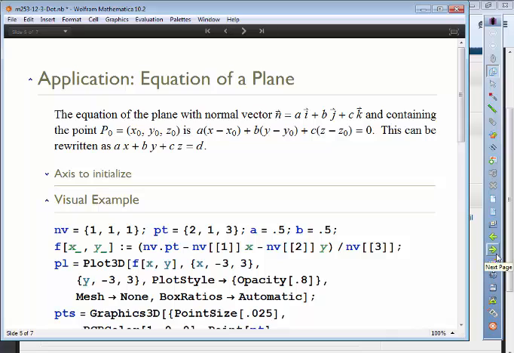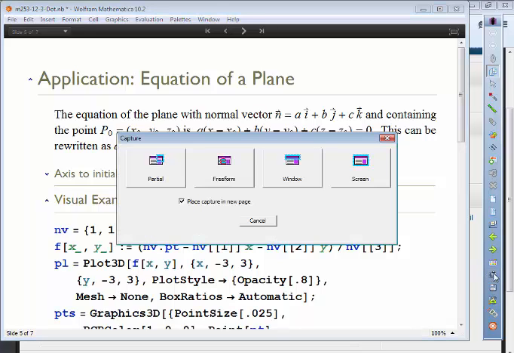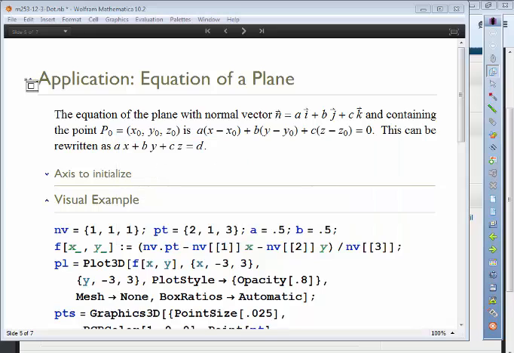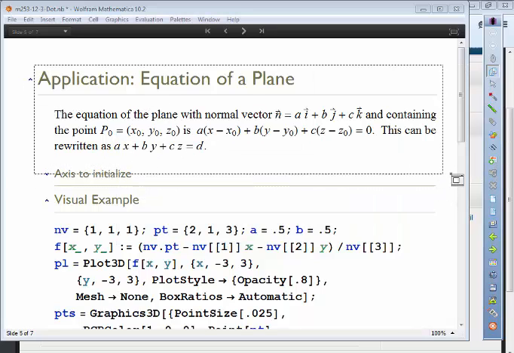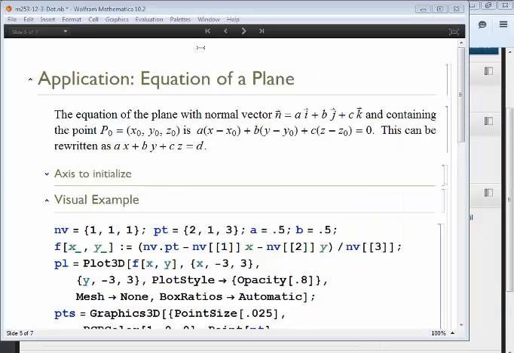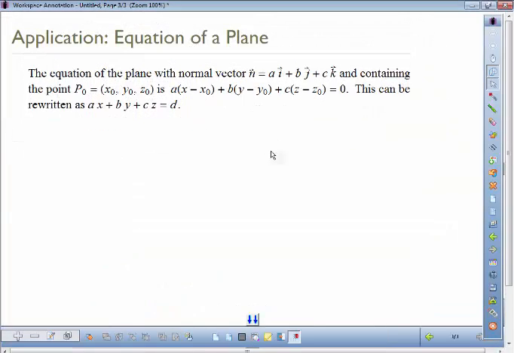I think the book does it this way, which is why I'm including it here. Probably, for me, I wouldn't want to necessarily include it here while we're still talking about dot products, but I'm trying to present it the way they're doing it in the book. But for us, this will become important to come up with an equation of a plane.